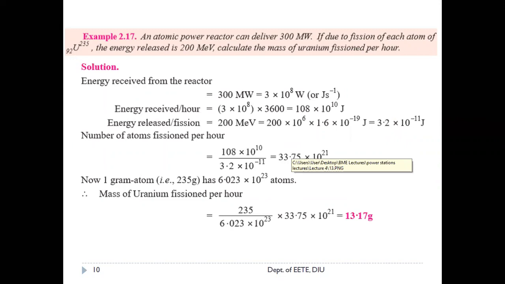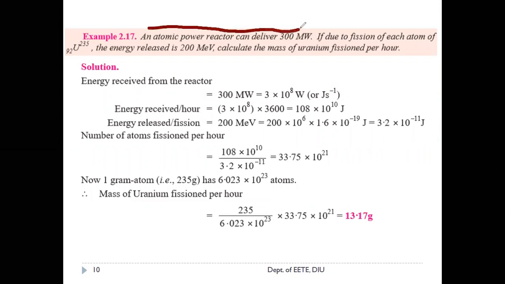Okay, if you read the line first: an atomic power reactor can deliver 300 megawatt, basically the capacity of the reactor. If due to fission of each atom, that means every atom, the energy released is 200 MeV, mega electron volt.